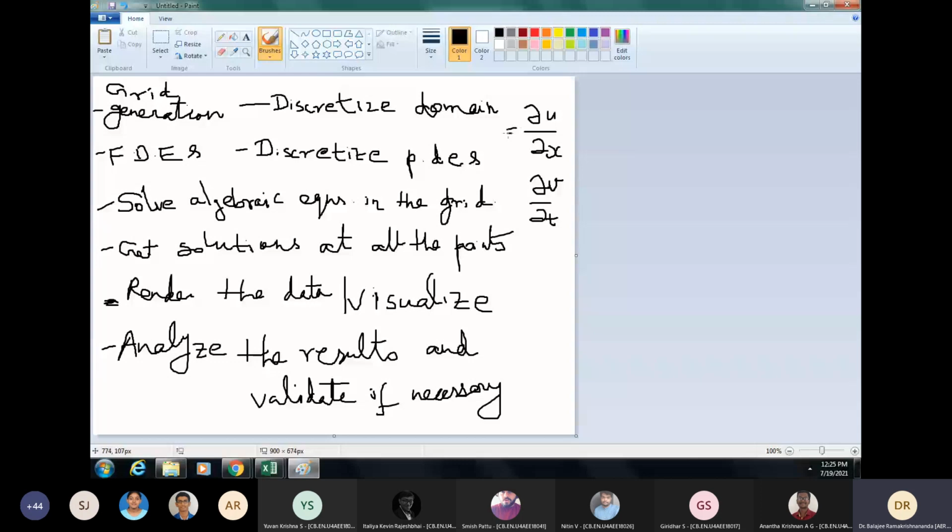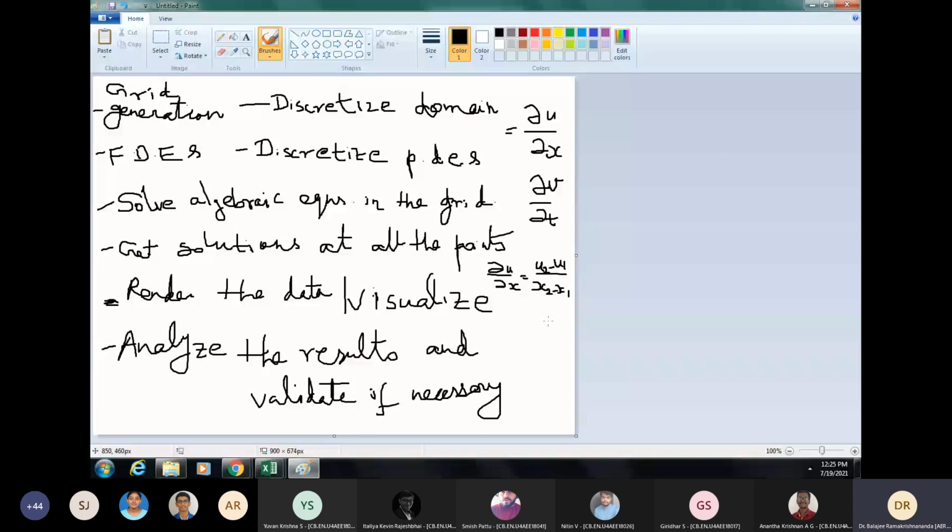Okay. Now I have to convert this to some other way. Have you done this in FEM? I don't know. For example, dou u by dou x, I can say u2 minus u1 by x2 minus x1. I simplify like this. It becomes algebraic equation. Have you done something like this in your FEM? No, sir.